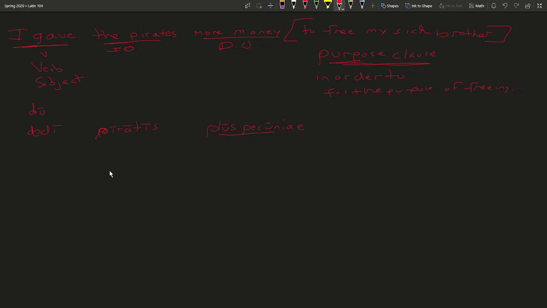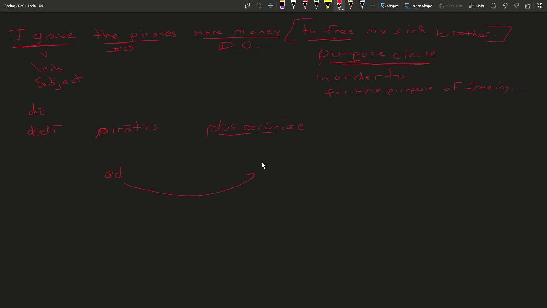So I'm just going to go down here. All right, so in order to start a purpose clause in this way, it essentially takes the preposition ad, which goes along with the accusative case. So we'll go with the accusative case of the gerund of the verb. So to free.